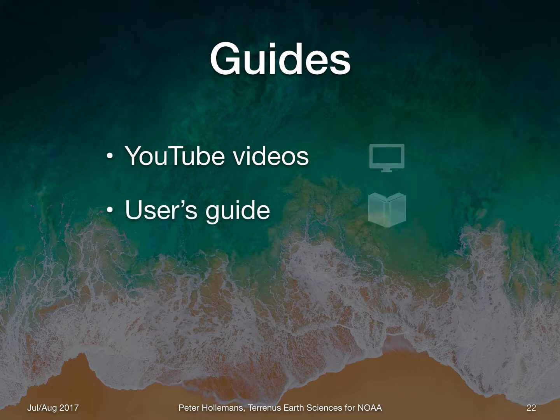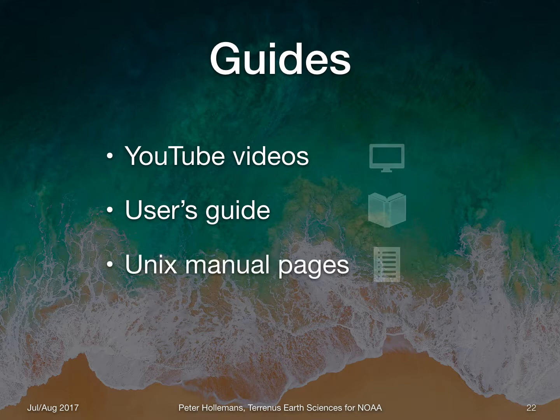We have a user's guide that shows all the usage of the command line tools and CDAT, and more information about data formats and the version history. We have a set of Unix manual pages for Linux and Mac users who are using the tools from the command line. And we also have a set of help menus that can be found by looking for question mark or help buttons within the CoastWatch Data Analysis tool windows and dialogues.